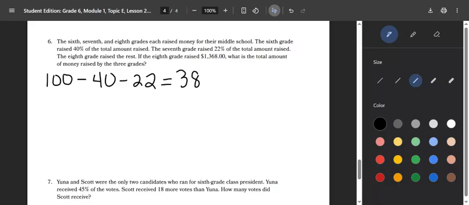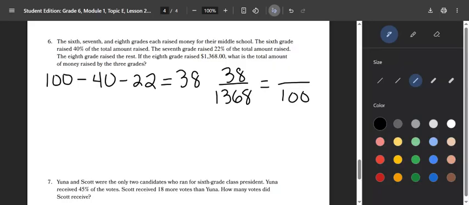So now we've got our percent that the 8th graders raised for our model. So their part is 38 out of their part is 38, and that's 38% was $1,368.